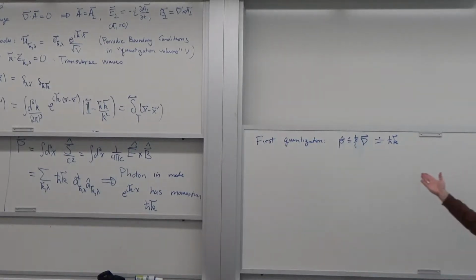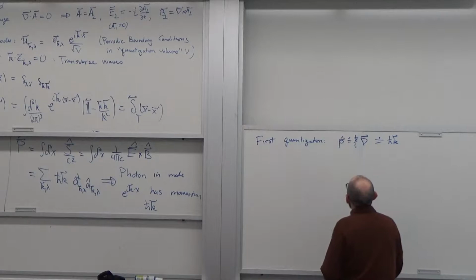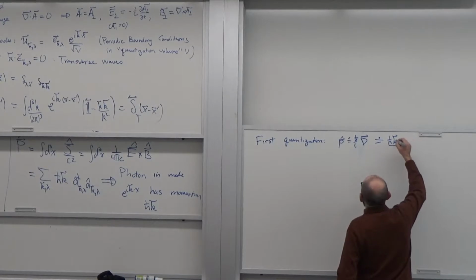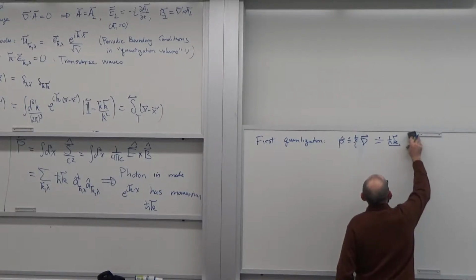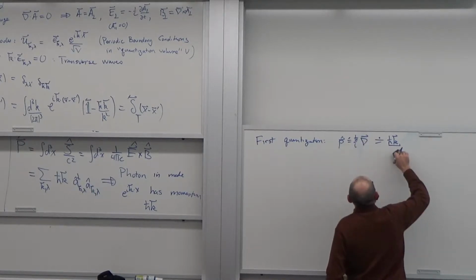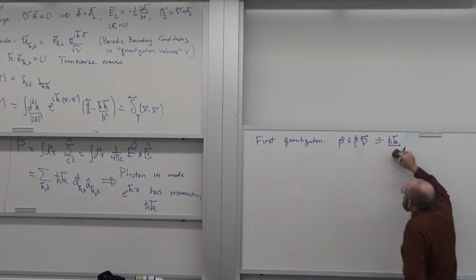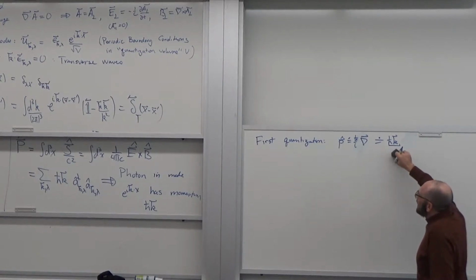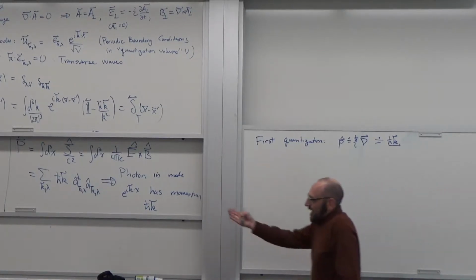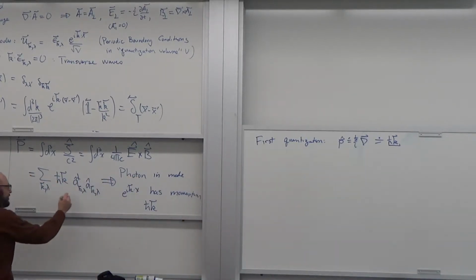And the second quantized version just says, this is the eigenvalue. The operator, of course, in this case, is multiplication by this in the momentum representation, and its derivative in the position representation. And the second quantized version says for every photon in that mode, you have the number operator.